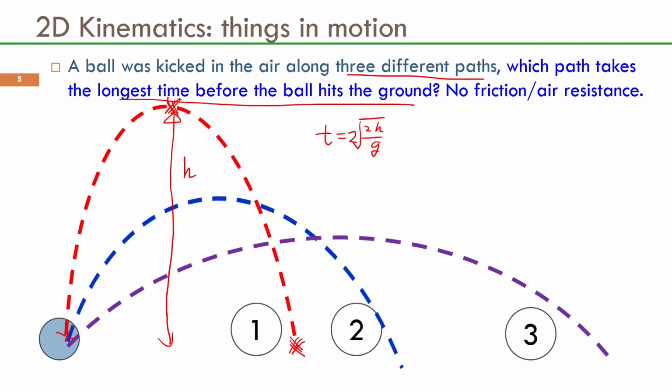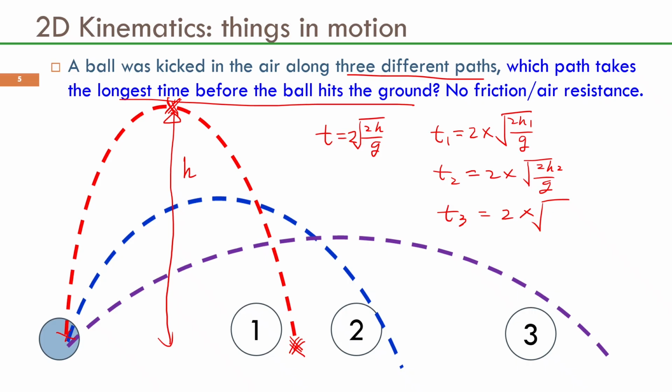So for ball 1, its time would be t1 equals 2 times root of 2h1 over g. And for t2, it would be 2 times root of 2h2 over g. And for ball 3, its time in air is 2 times root of 2h3 over g.